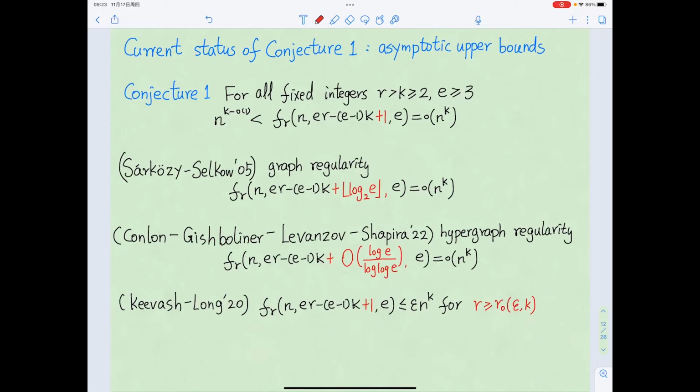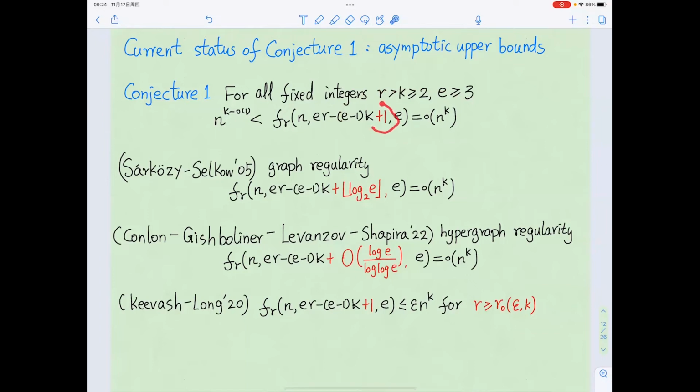So although for other cases people cannot prove Conjecture 1 in full generality, people are trying to approach Conjecture 1. There are some asymptotic upper bounds. Conjecture 1 says that the value of this function is little o of n to the power of k.